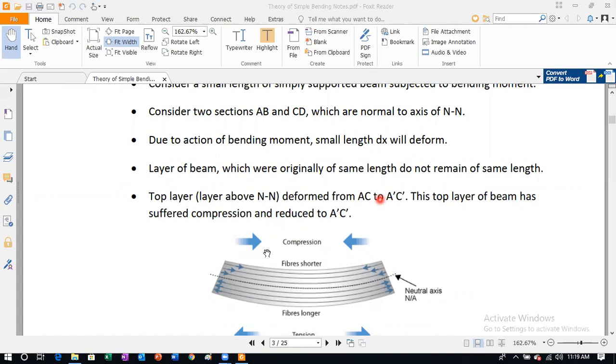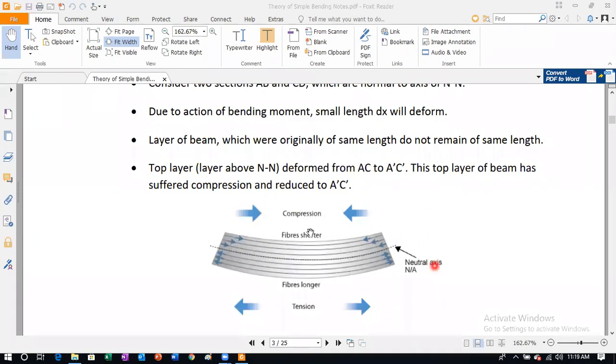When we apply this bending to the beam, the fibers on the upper side of the neutral axis will shorten, and the fibers on the lower side of the neutral axis will get into tension. And layers of the beam which were originally of the same length do not remain of the same length.